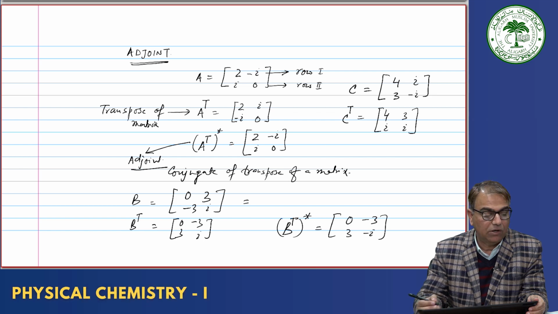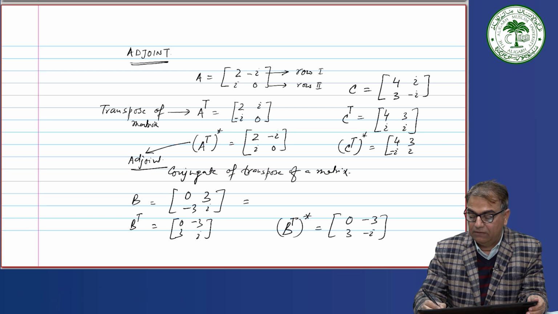You change the row and the column and then you take the conjugate. Conjugate will be 4, 3, and it will be minus i and i. So this way this is again your adjoint.